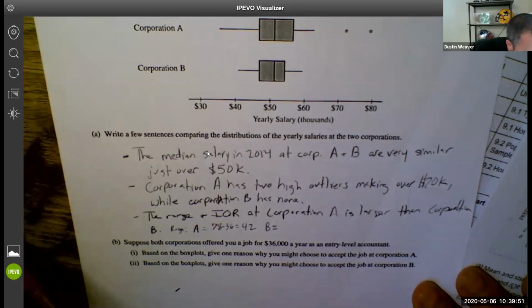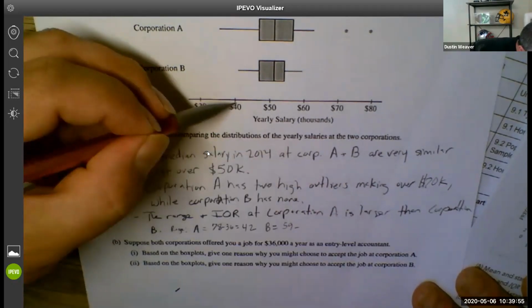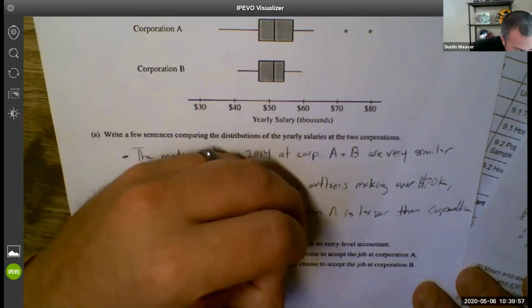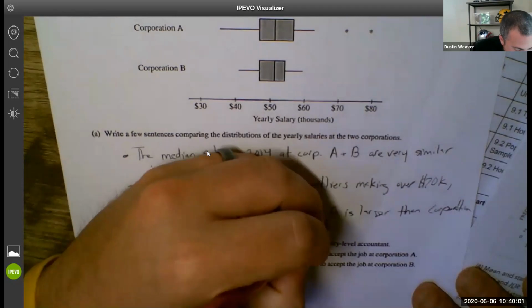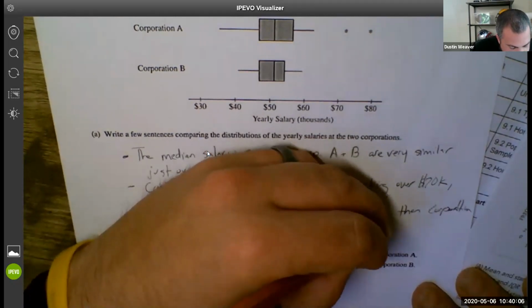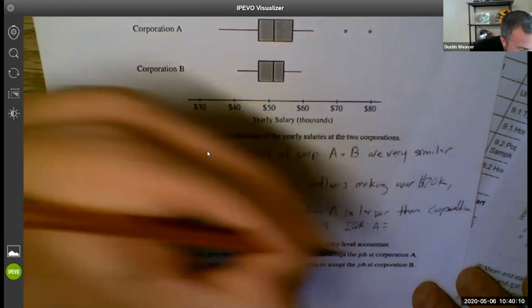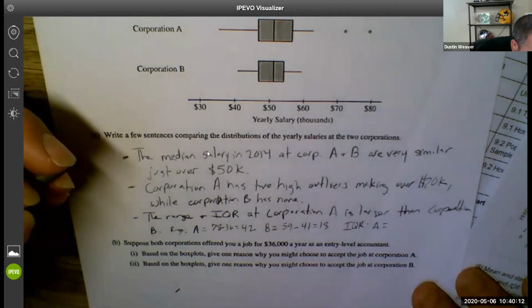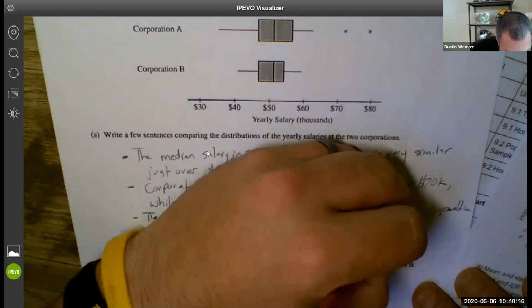For B, the range would be from almost 60, so we'll say 59, to almost 40, 41, so about 18. If I want to talk about the IQR for A, it looks like the IQR is from about 55 to, let's say, 48.